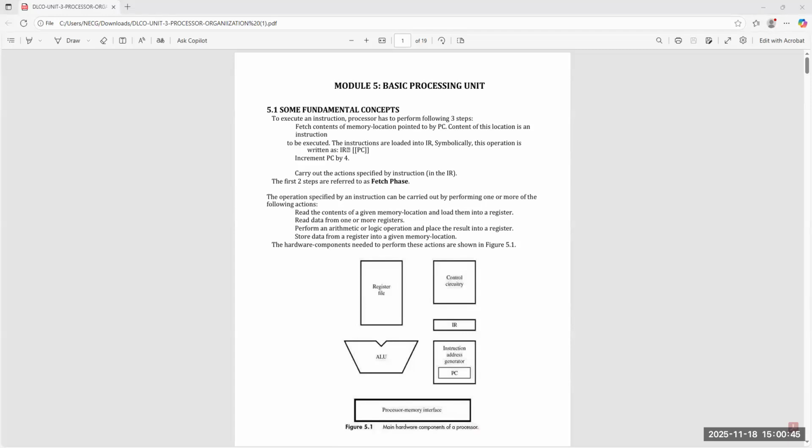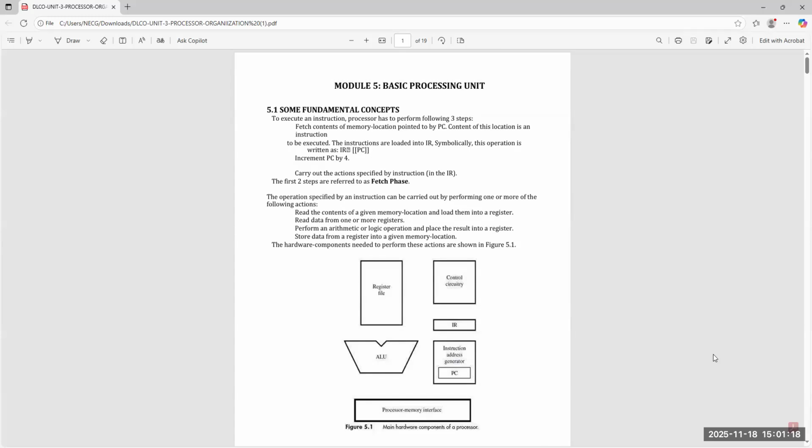So, what can a processor do? The processor can do processing. That means program executing.